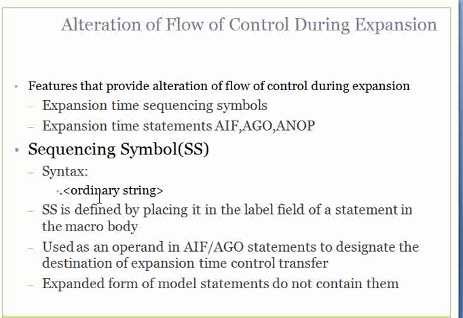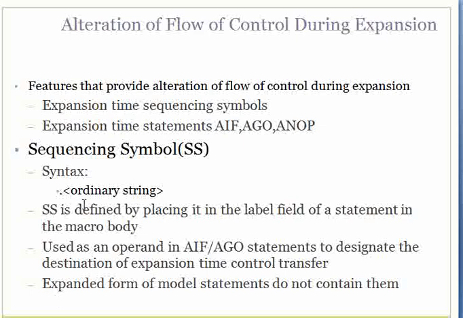But if you want it to be treated as a sequencing symbol, then you should have a dot before that ordinary string. And where is the sequencing symbol placed? It is placed in the label field. Sequencing symbols are very similar to labels that occur in your assembly language program or your C program. They appear in the label part of your statement, and they can also appear in the operand part of AIF or AGO statements.